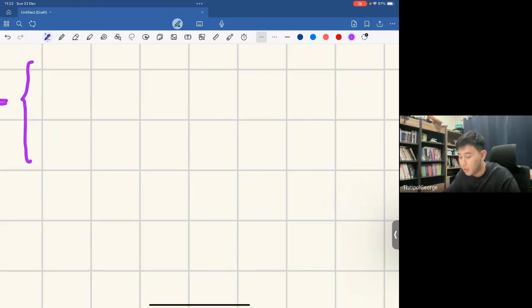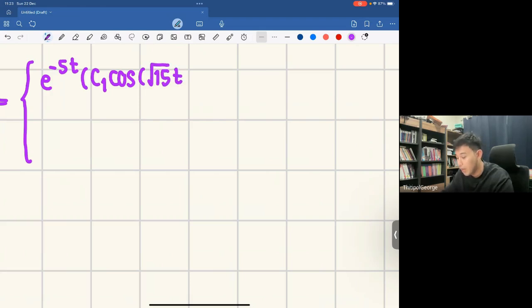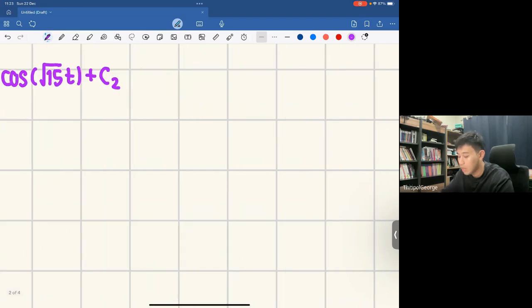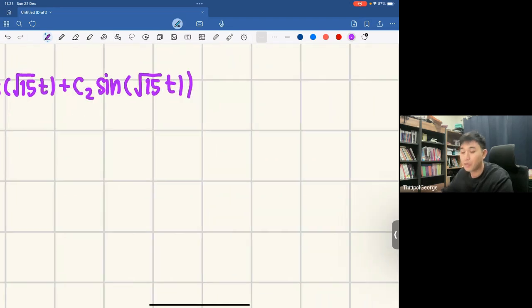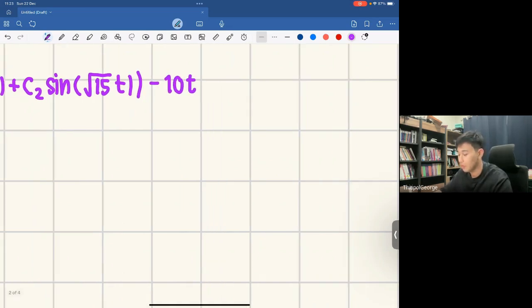The first one is going to be e to the negative 5t, in the bracket we have c1 cosine of square root of 15t, and then plus c2 sine of square root of 15t. And then we need to add, the first one we add negative 10, so minus 10t, in the interval of negative pi to 0.